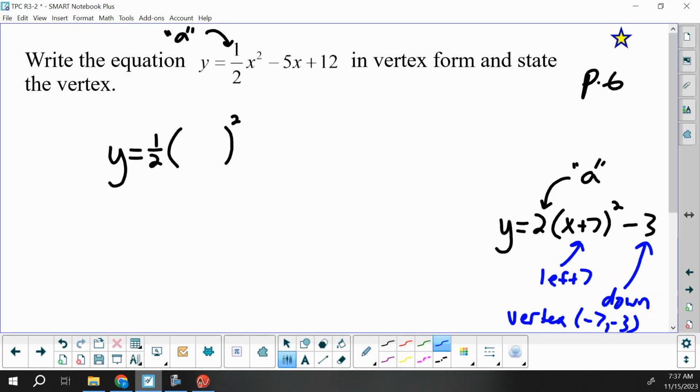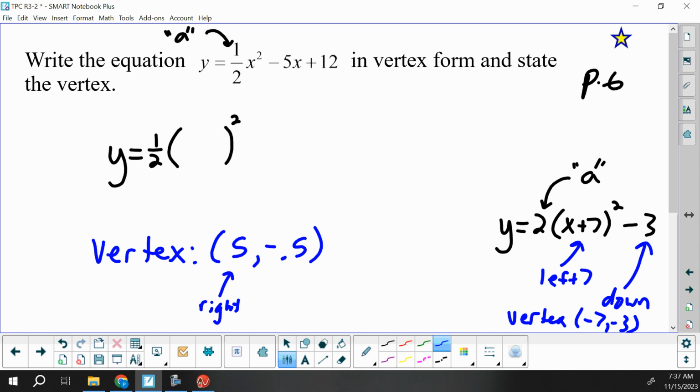So if we go back here, one of the things we had to do in the question was state the vertex. So our vertex is 5, comma, -0.5. So that means that we want to show in our equation that we went right 5 and down 0.5.